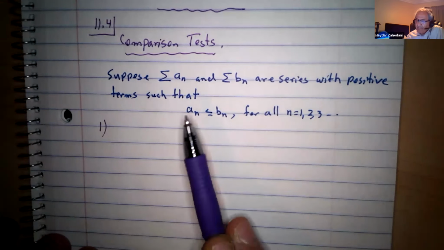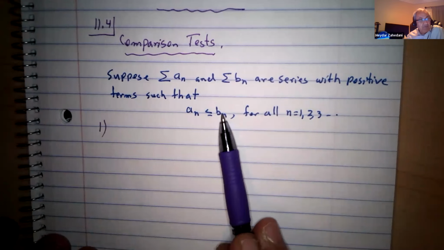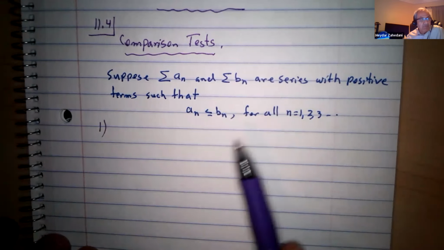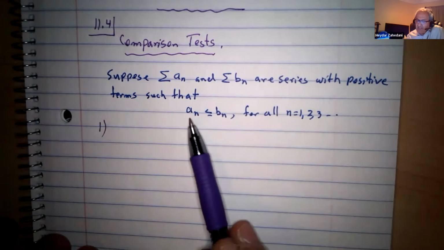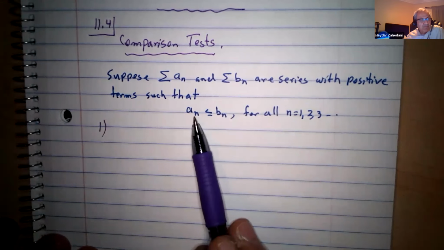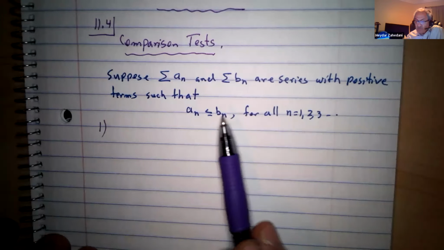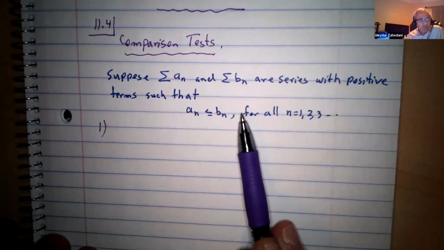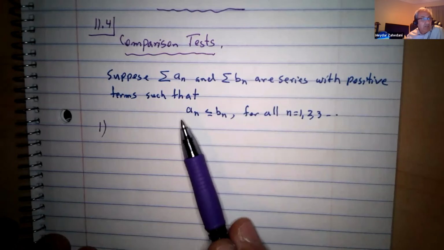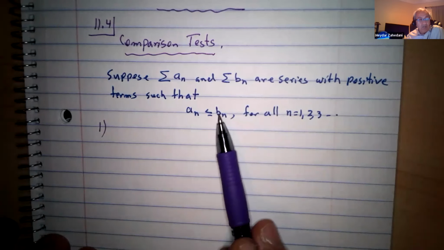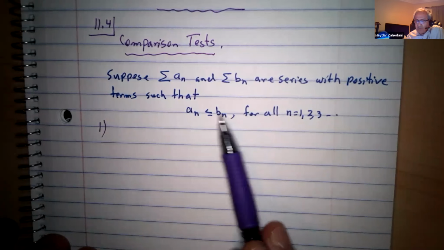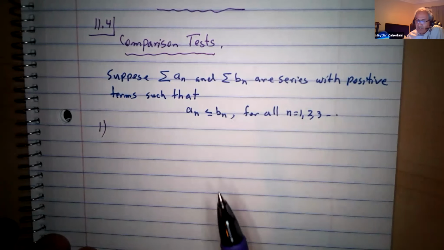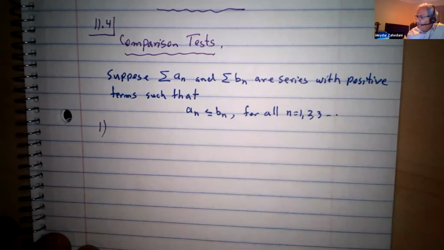So if the top is convergent, we can cover the top, and then the smaller series will be convergent too. To remember it, if you can cover your house, you can cover every room in the house. Or if you can cover the college, then you can cover each class.